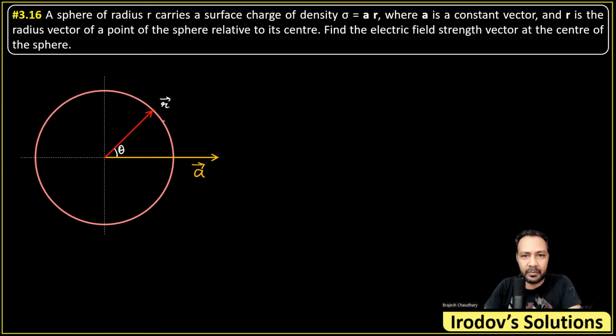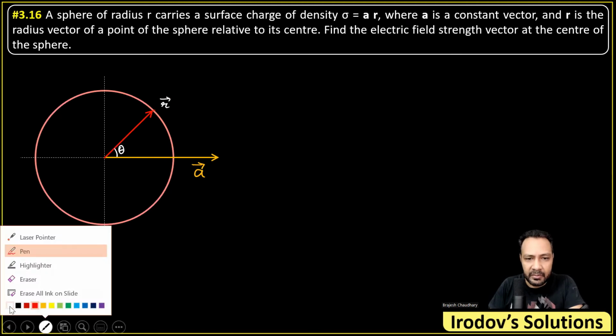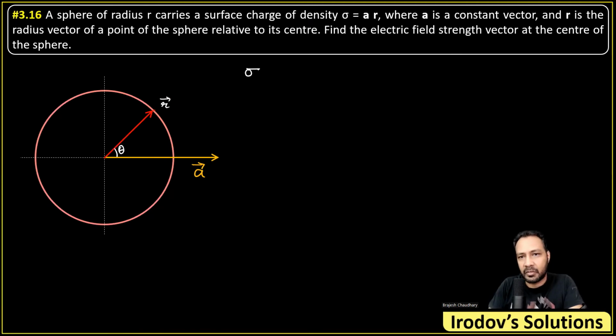At this point the surface charge density sigma, as given in the question, is a dot r, and I've shown in the diagram the angle between r and a vector to be theta. So we can write this as a r cos theta, and that is my equation 1.